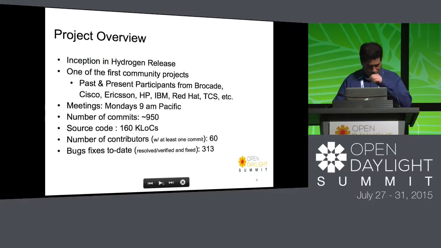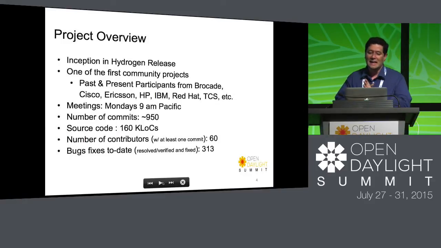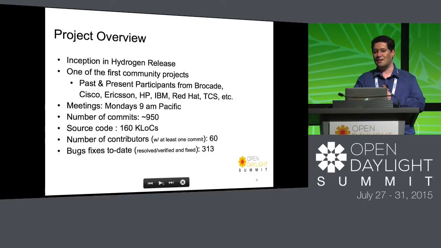So we'll start with the project overview. We started this OpenFlow plugin project in the Hydrogen release, and initially it was a collaboration between a few of us in Cisco, Ericsson, and IBM.